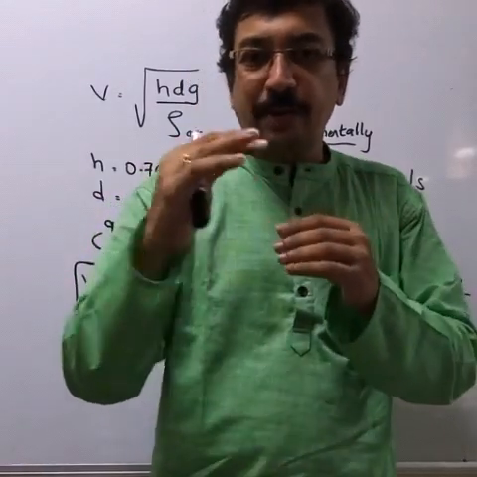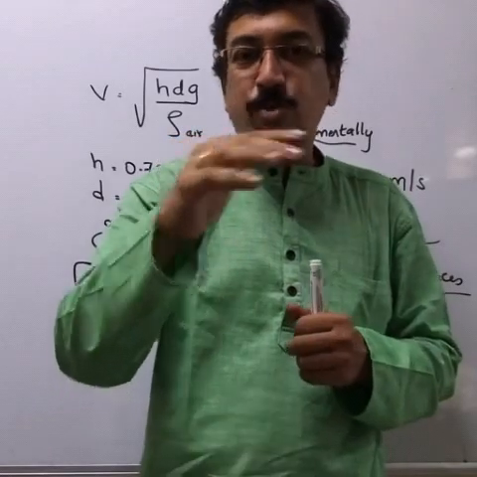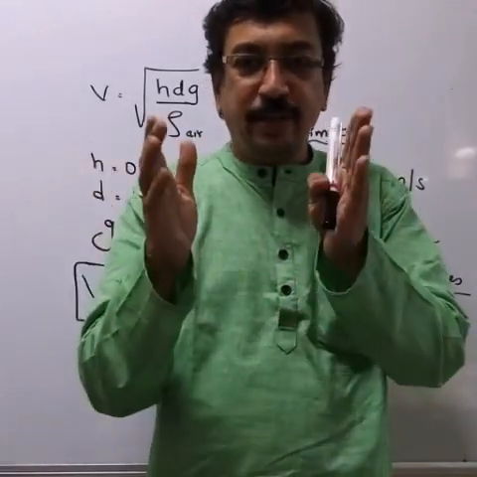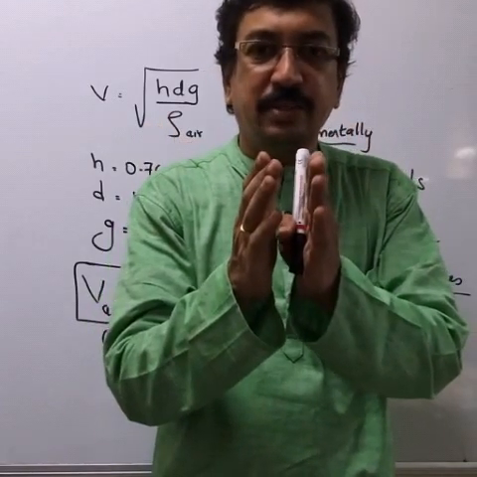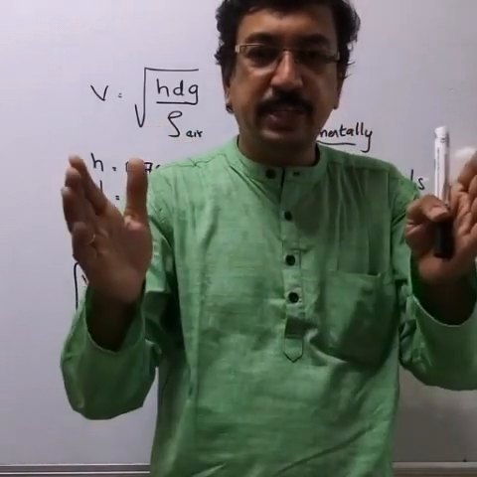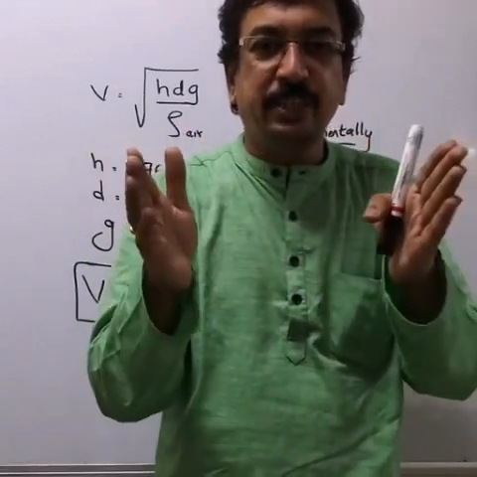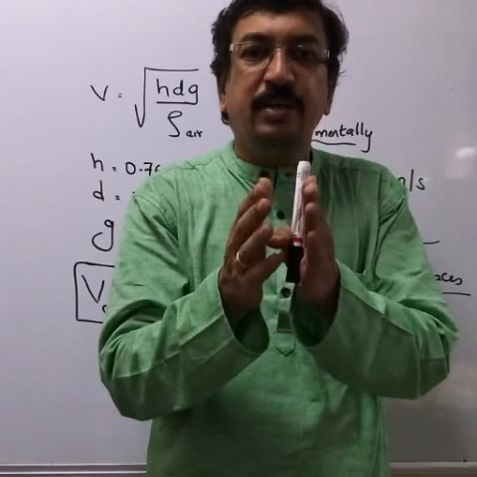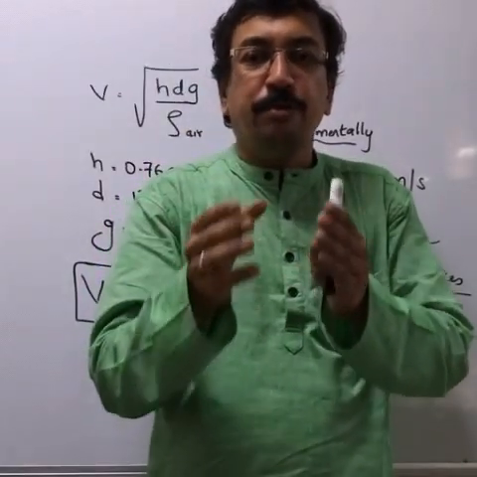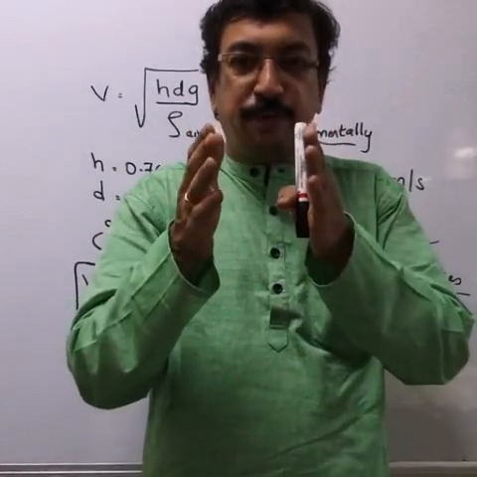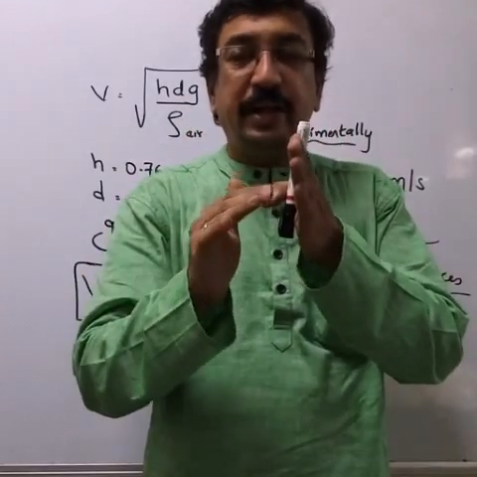But isothermal means if the temperature remains constant. Now Newton assumed that when a compression is formed, temperature increases, and when a rarefaction is formed, temperature decreases. But this compression and rarefaction happens so fast that there is no time for the heat dissipation, no time for the heat to decrease and again increase.